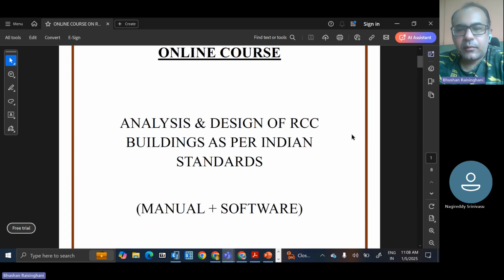Many people are confused whether we can use the ACI code or ASCE 7, because the Indian code does not have those clauses, and how to justify our design by following the Indian norms. Some say these norms are only theoretical and not practical. That aspect we will also see in our discussions. That's why Indian standards have specifically been kept.